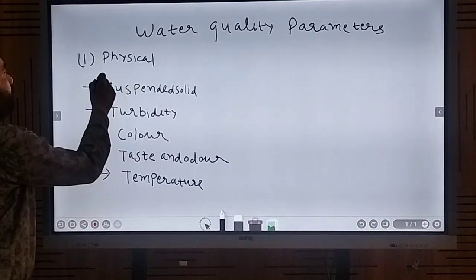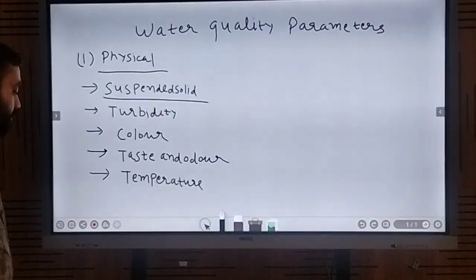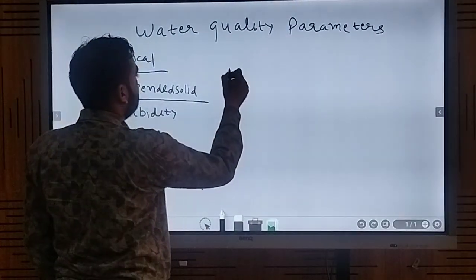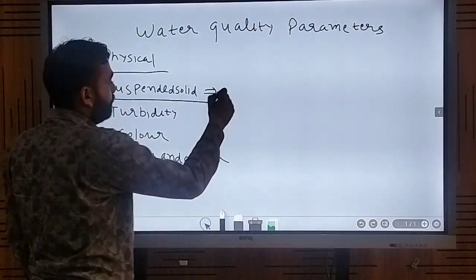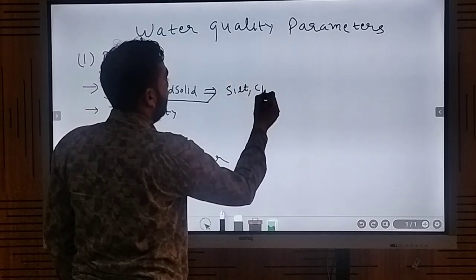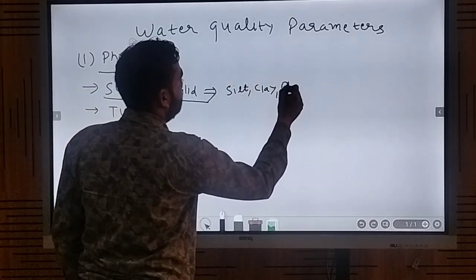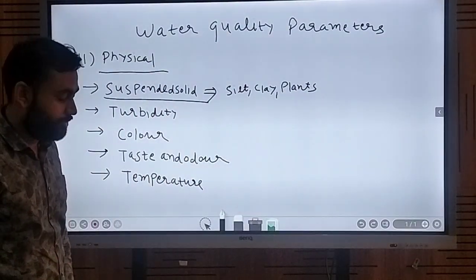If we talk about the causes of suspended solid, it is caused by silt, clay, plants. These are responsible for suspended solids.